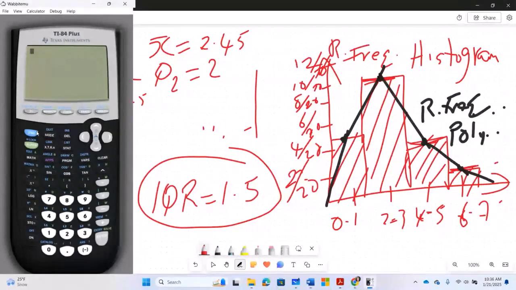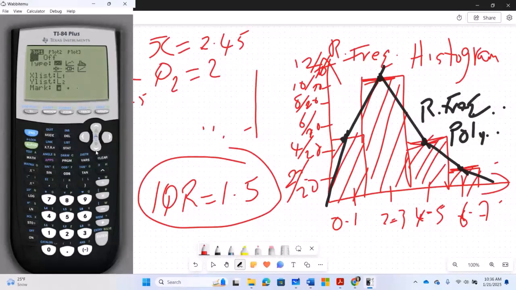So how do I access the stat plot? I'll go to second, stat plot. I like to take plot 1. And I'm told to draw a histogram. Look at the number of plots that I have. I can have 6 plots.